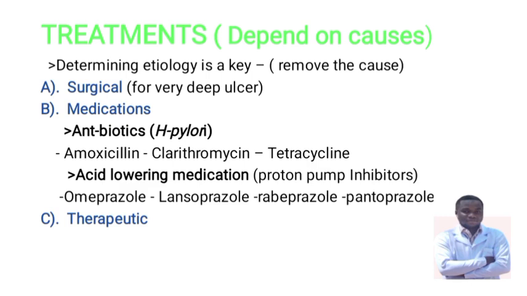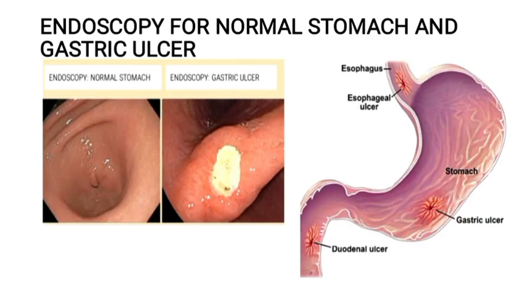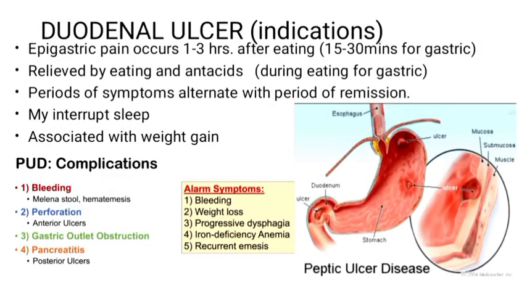The surgical method is done for patients who have a very deep ulceration, where an ulcer or lesion has damaged the epithelial lining of the stomach, entering deeper into other tissues.